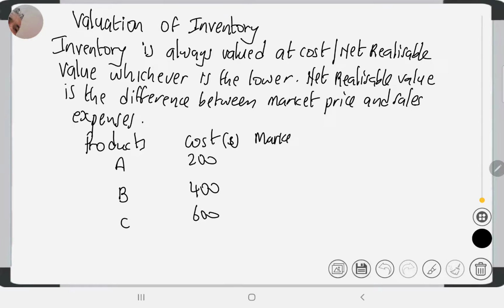Market price: A can be sold for 350, B can be sold for 500, and C can be sold for 800.